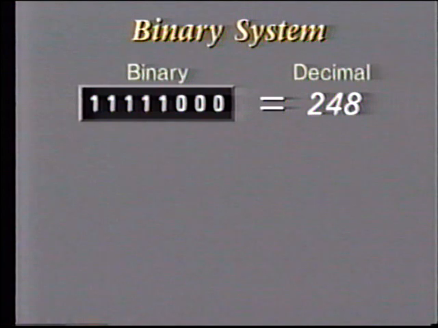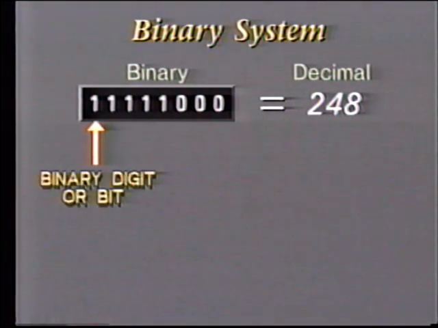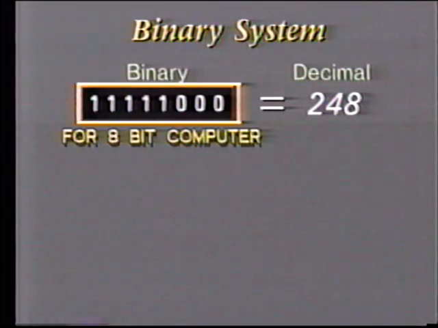Well, of course, the reason we use decimal is that we were born with 10 fingers, and we become accustomed to using the 10 digits in a numbering system to make up a message. In the binary system, it is the combination or sequence of ones and zeros which make up the message. Each of these ones and zeros is known as a binary digit. That is, a bit. In an 8-bit computer, the binary number would look like this.